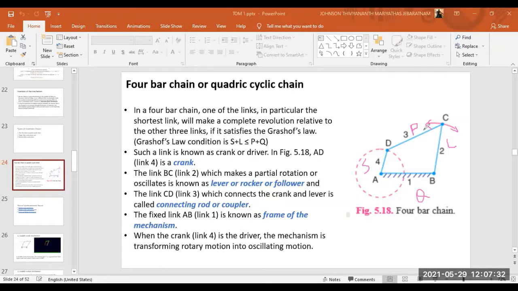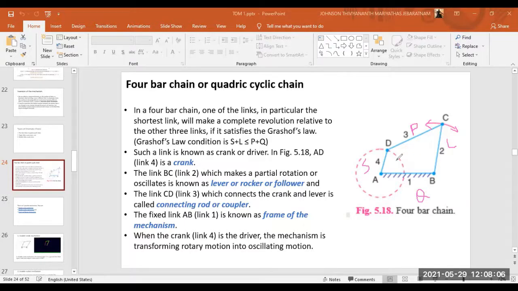Then finally the fixed link AB is known as the frame of the mechanism. This link AB is not going to move anywhere. On this link the complete mechanism is made. Relative to AB, all these motions are happening: AD is rotating, BC is oscillating, and DC is making some motion relative to AB.